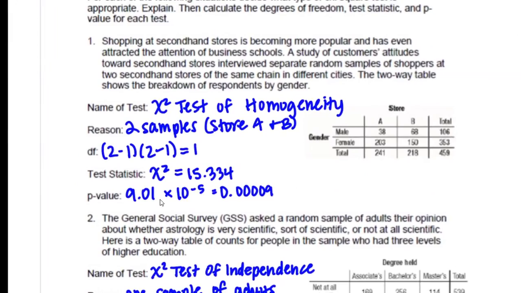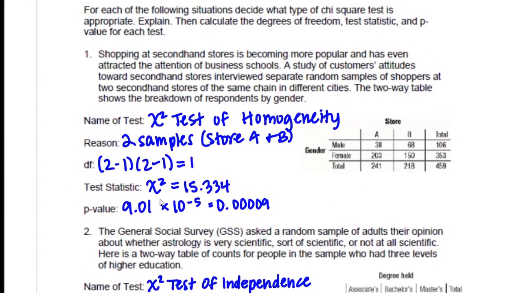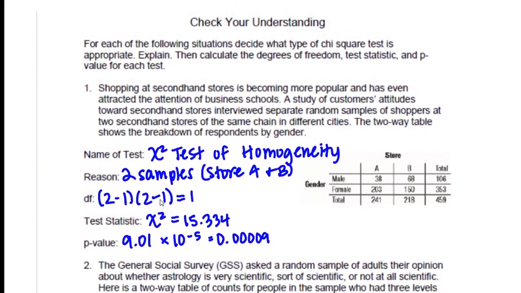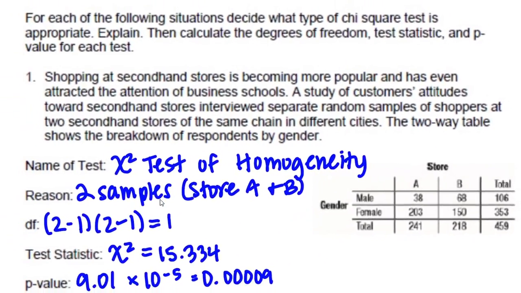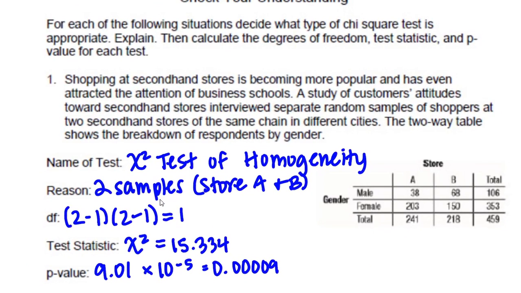All right, so this is the biggest part of this unit: how to determine different types of distribution or different types of tests. The hardest part about these is determining which type is which, and then once you do that, you can use the same methods for each one, mostly.